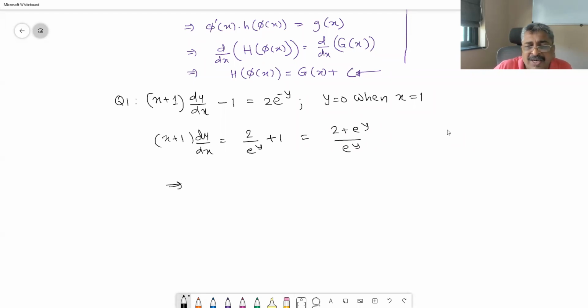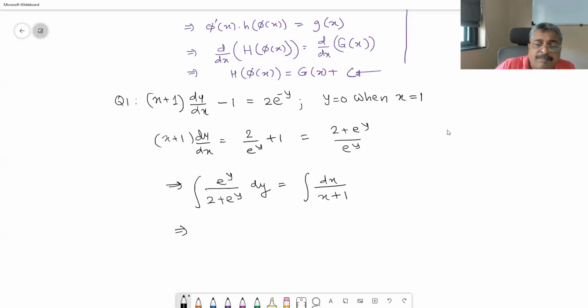And therefore you straight away cross multiply and write e raised to y upon 2 plus e raised to y dy is equal to dx upon x plus 1.